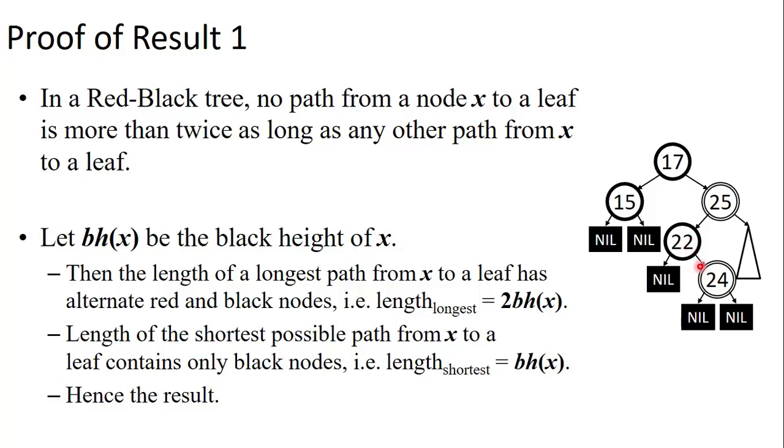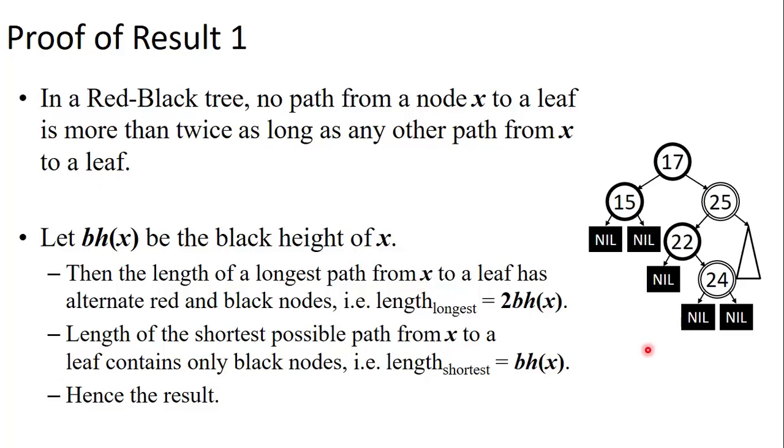Addition of any further black node will violate the black height property, whereas addition of any other red node will also lead to a property violation, as there cannot be two consecutive red nodes. So that's why this follows the result, that in a red black tree, no path from a node x to a leaf is more than twice as long as any other path from x to a leaf.